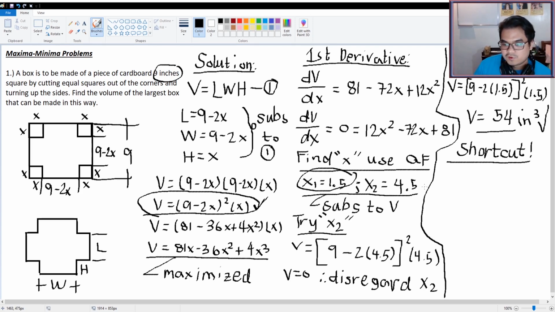The shortcut for this specific condition is the formula v equal to 2 over 27 times s cubed, where s is your side length.